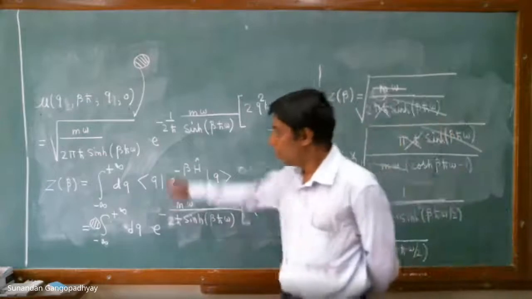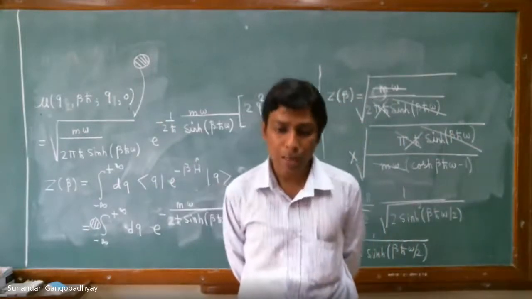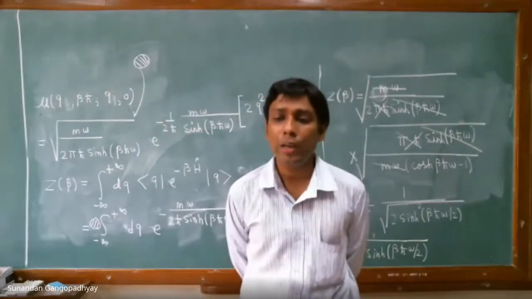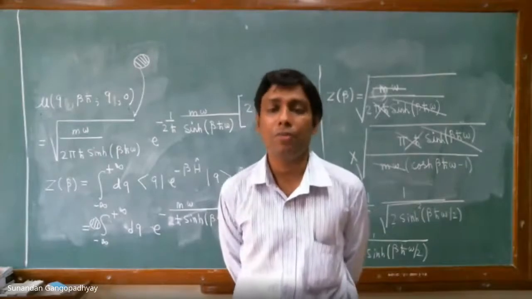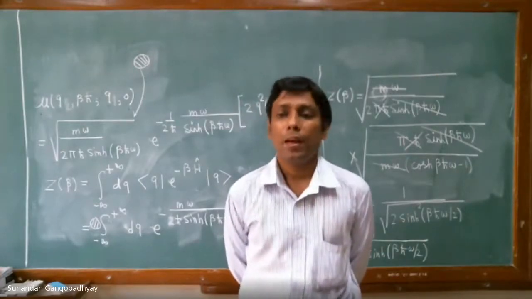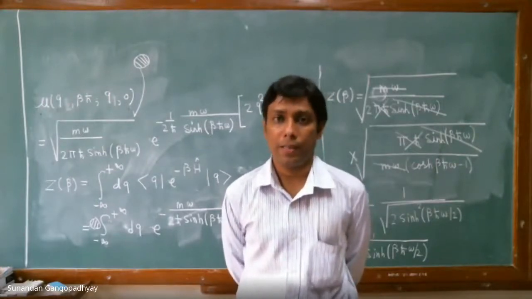But now what we have done today is calculate the partition function by using the Euclidean path integral formula. And there, in the path integral representation for the partition function of the quantum statistical system, what you need is the expression for the propagator in the first place.